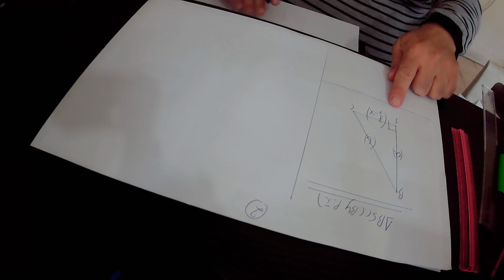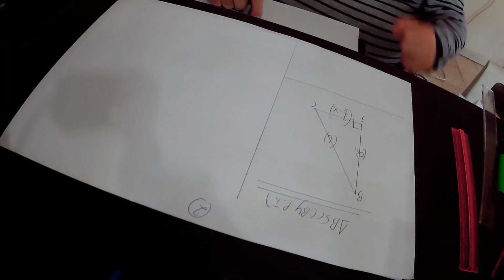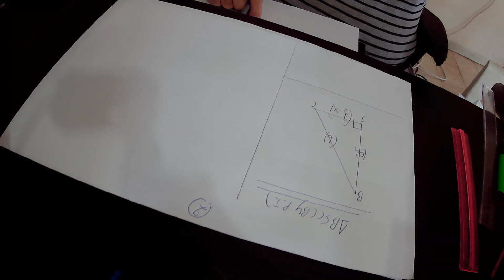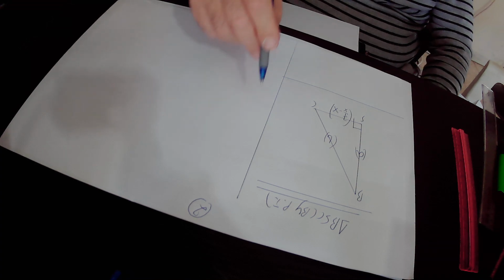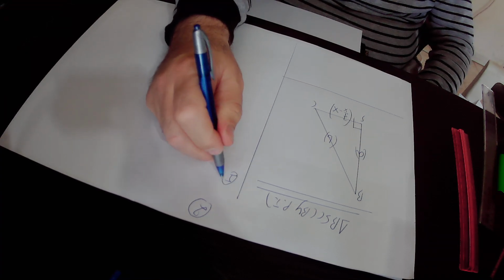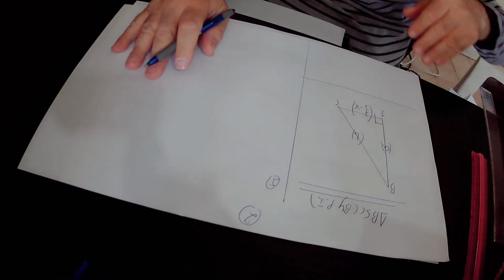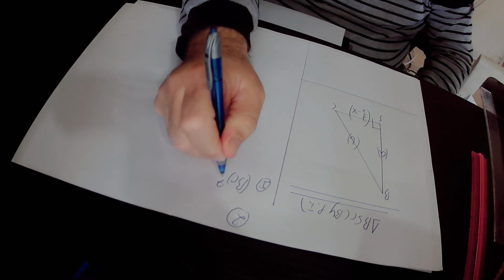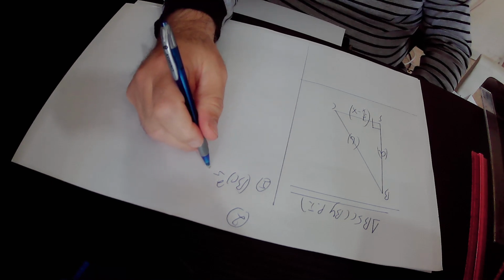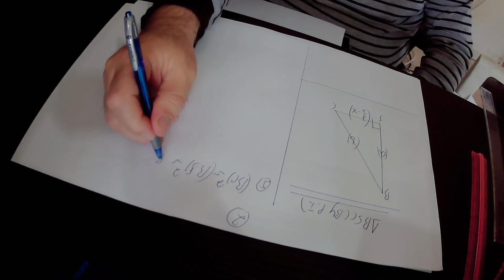So actually, this is the right triangle BSC that I copied from the original drawing. According to the Pythagoras theorem, in this right triangle BSC, BC square equals BS square plus SC square.